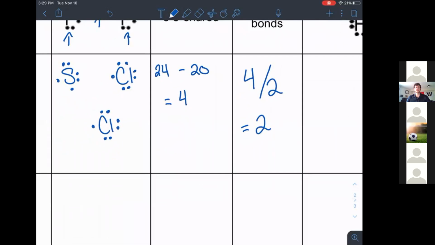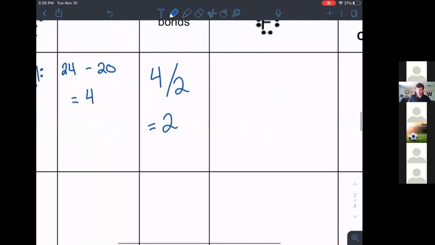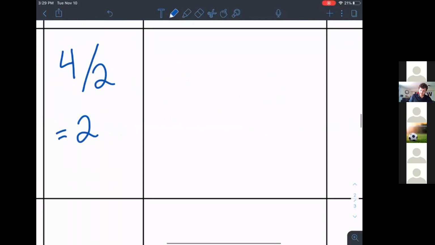So where are those 2 bonds going to go? To chlorine. So the chlorine is going to attach to where? Sulfur. Exactly. We're going to have 2 chlorine and sulfur.